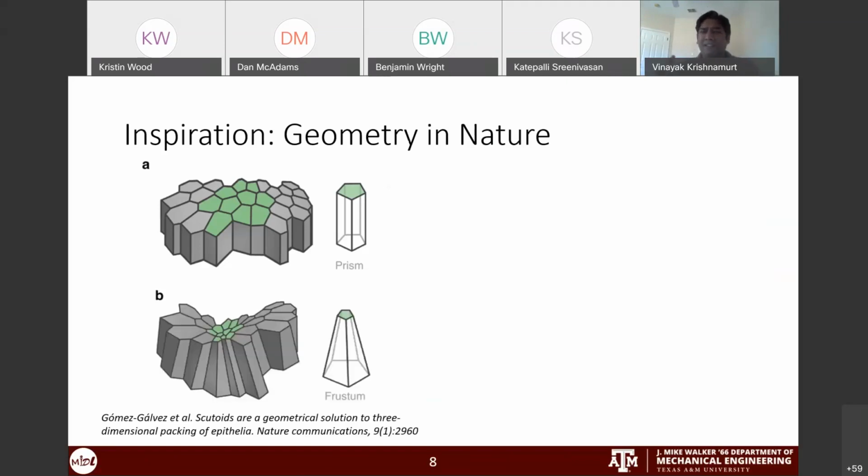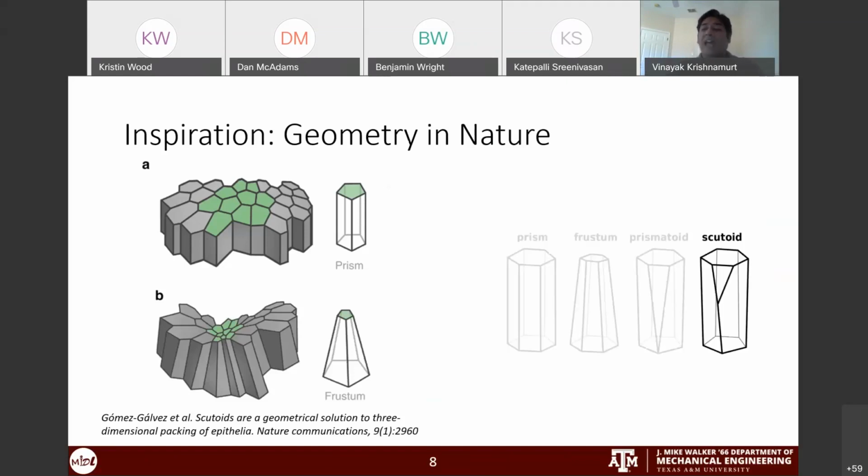And when the skin is deforming, you change the prism to frustum. Now this group comes in and says that that's not how it happens. Actually, there's a completely new type of shape that occurs in nature that they called a scutoid, where you'll see that it's neither a prism nor a frustum nor a prismatoid. Okay, but actually something where there's a bifurcation that happens right in the middle of the shape.